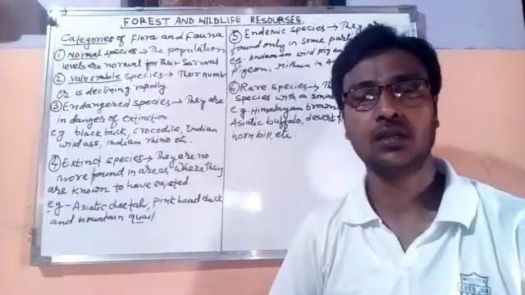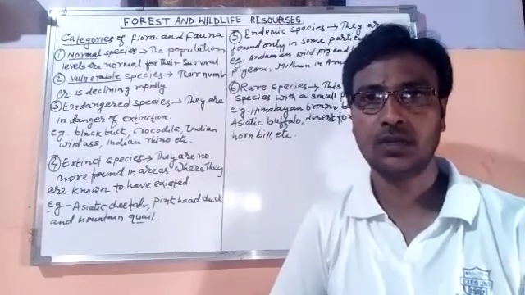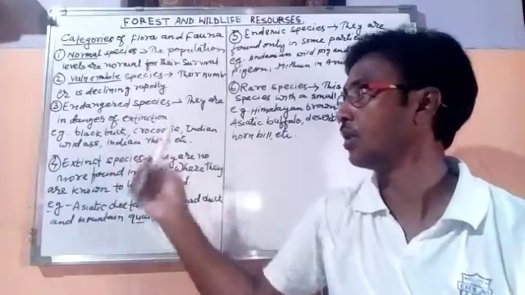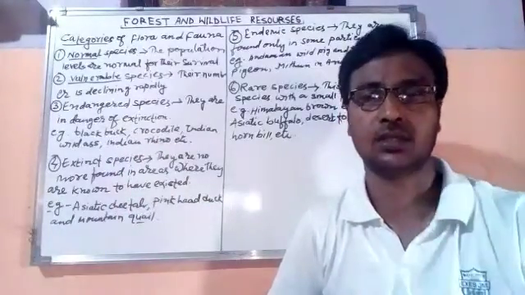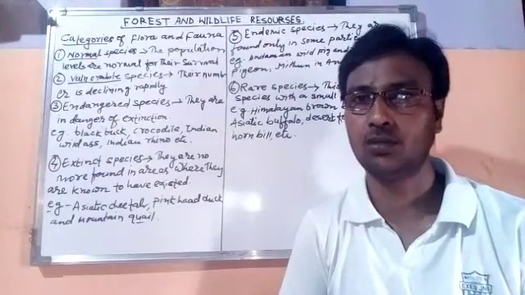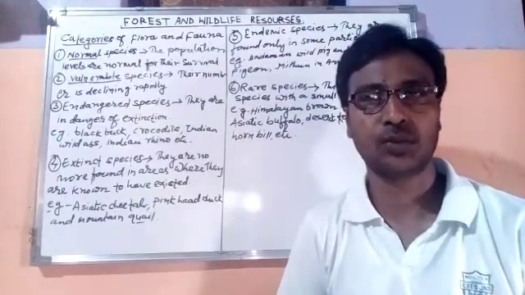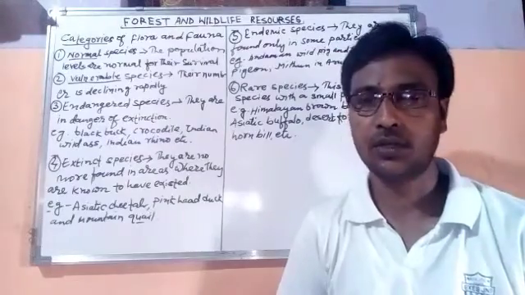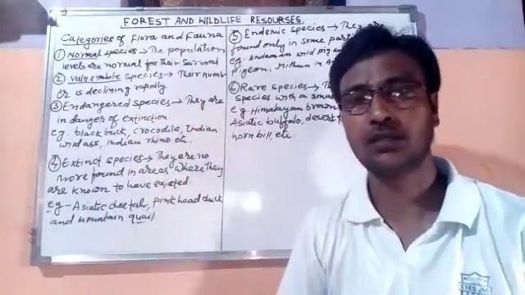Third is the endangered species of flora and fauna. Students, endangered species are on the verge of extinction. Their number has decreased so much that very soon, if they are not protected properly, they will be in the category of extinction.